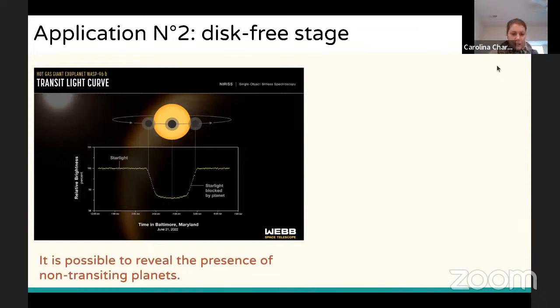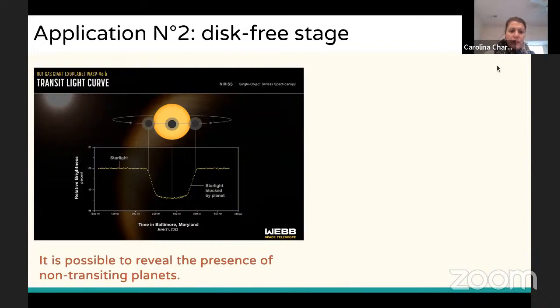And so, I'm sorry, this would work also if there were other two planets. Can you deduce how many there are? No, because it depends, but probably you will see the combined signal of the planets.